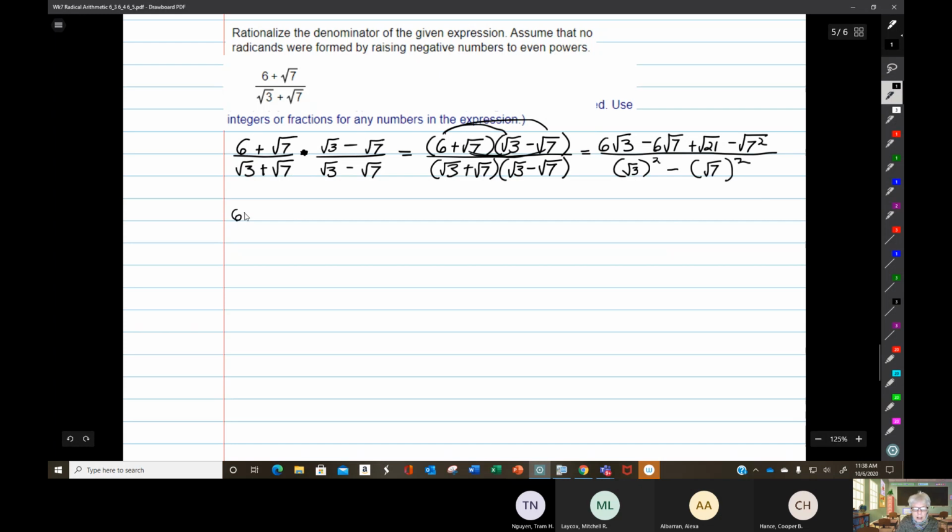This is 6 times the square root of 3 minus 6 times the square root of 7 plus the square root of 21 minus 7 over 3 minus 7.